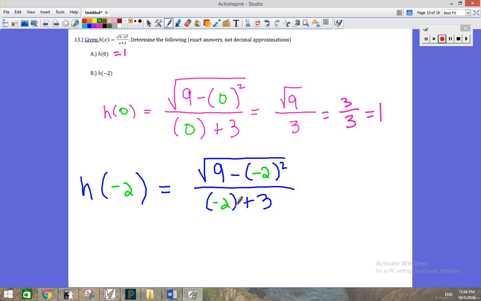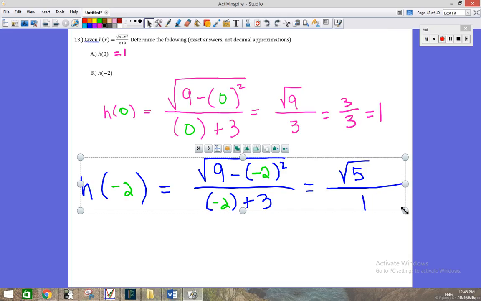Everywhere we see an x, we replace it with negative 2. So let's do this arithmetic. Negative 2 plus 3 is just a 1 in the denominator. And 9 minus negative 2 squared, that's 9 minus 4, which is 5. So we have the square root of 5 divided by 1, which is the square root of 5.